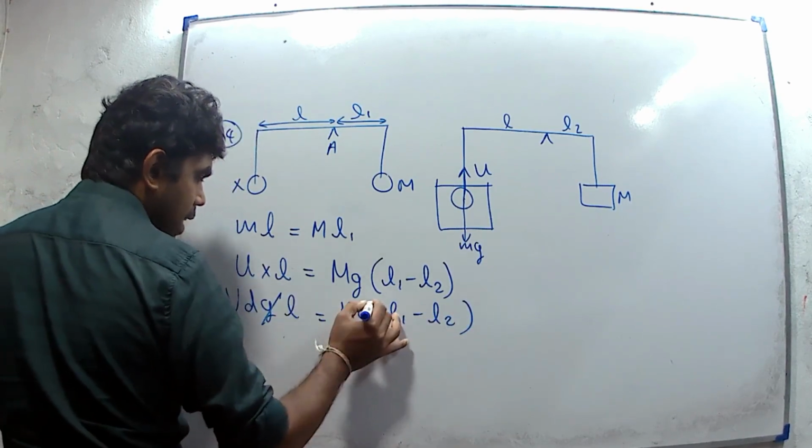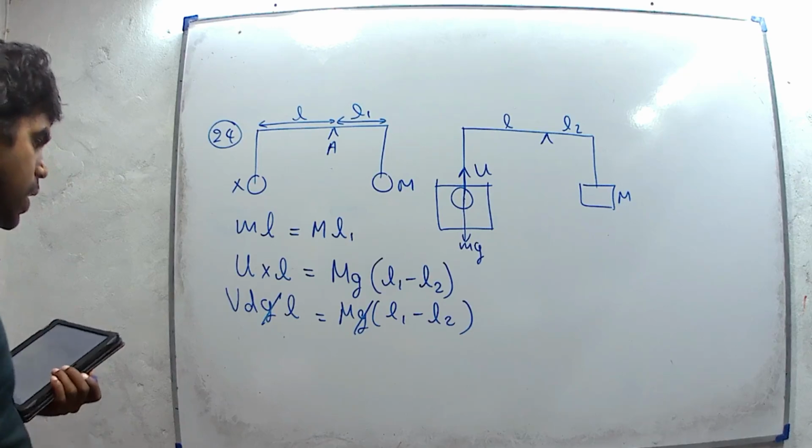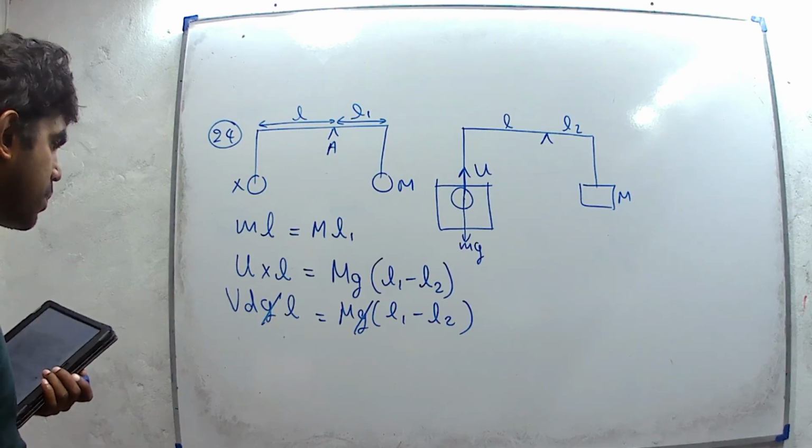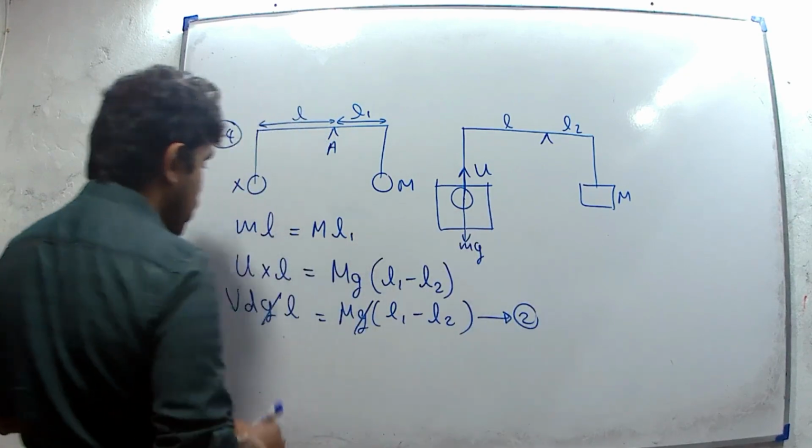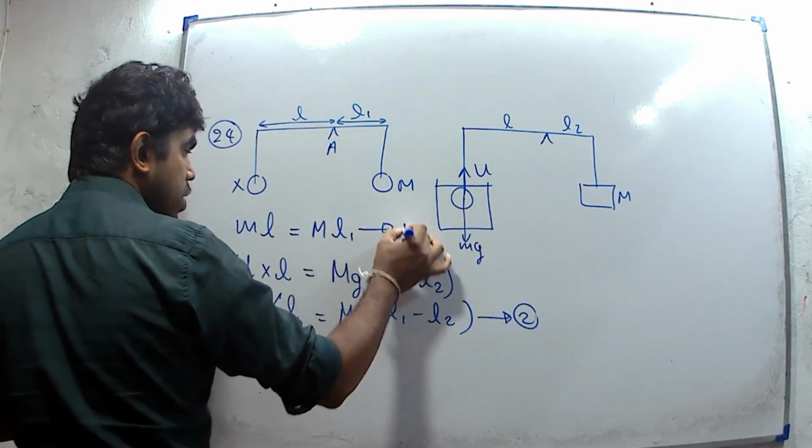Now we can cancel out G, then we get the second equation. This one is the first equation.